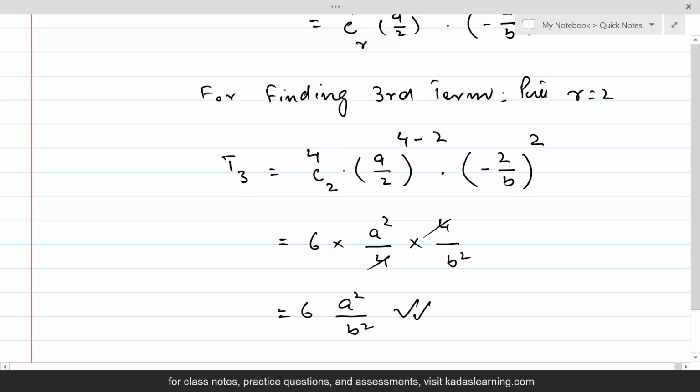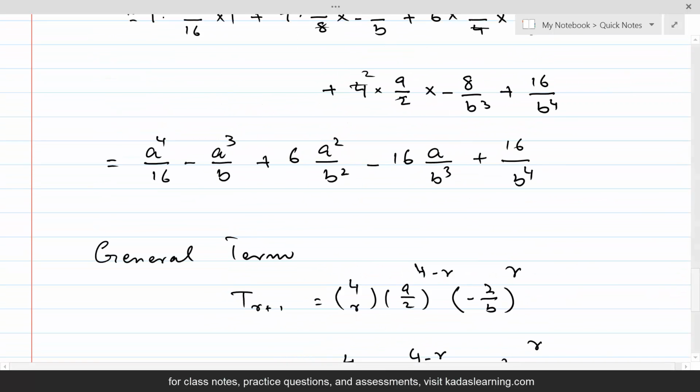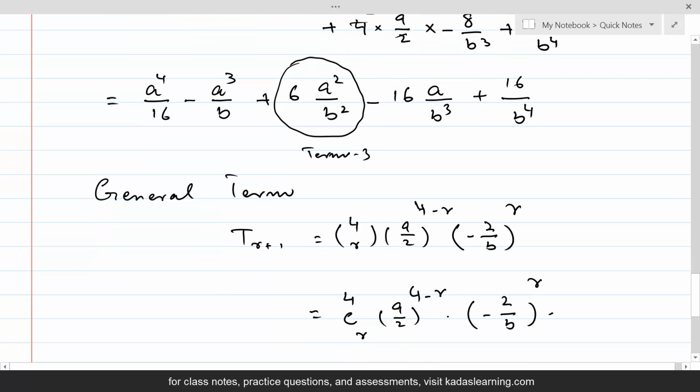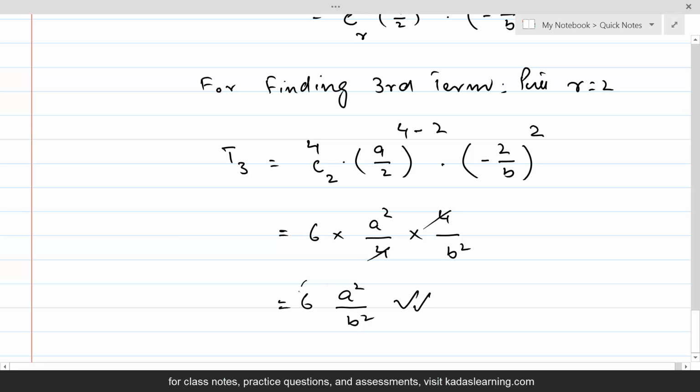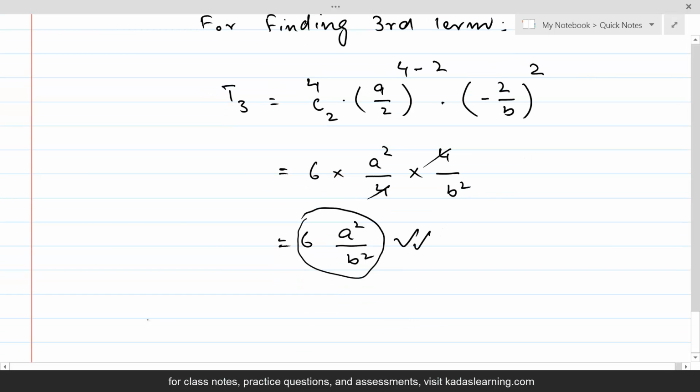That's what was required. But let's take a look, we actually expanded this, and we know that this was the third term, term 3, and we can see that we have calculated the same term without actual expansion. So that way we can find any term.